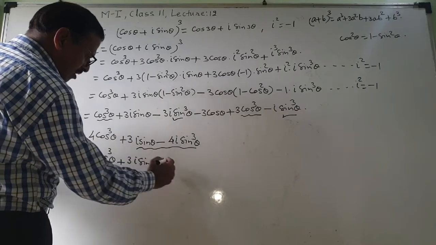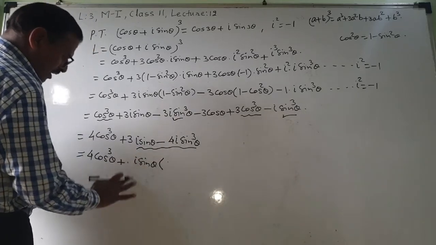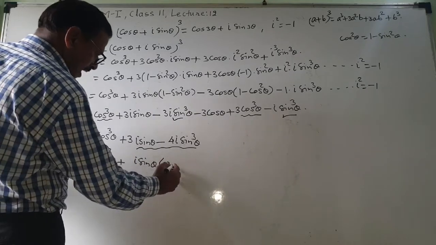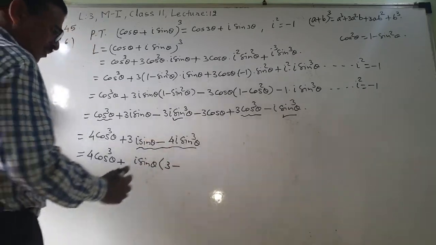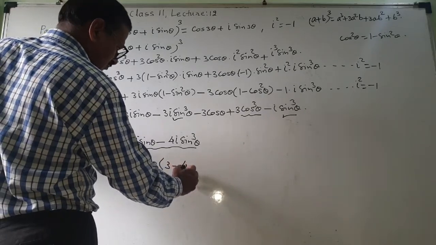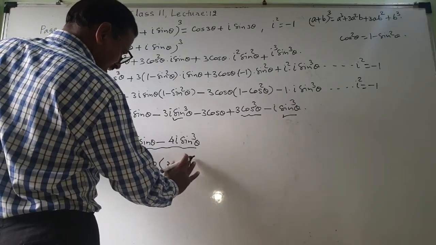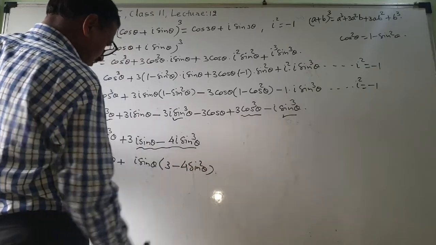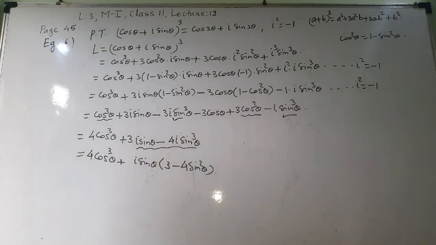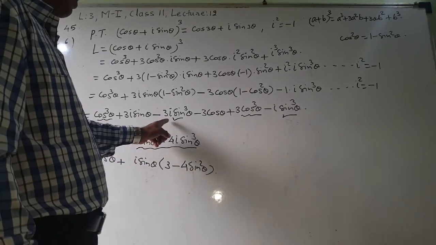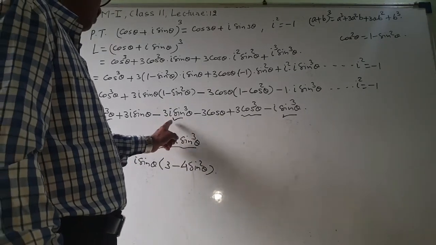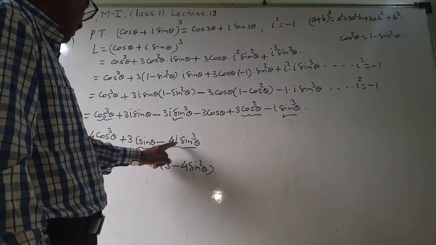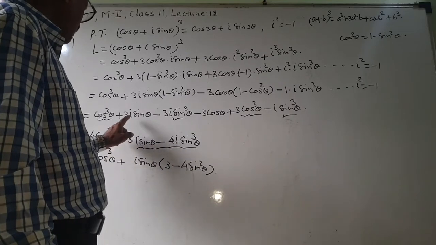What is remaining here? Not 3, only i sine theta. What is remaining here? 3 minus 4 sine square theta. Yes, 4 sine cube theta, 4 cos cube theta, 3 i sine theta.